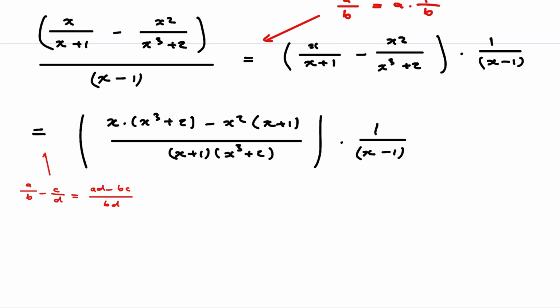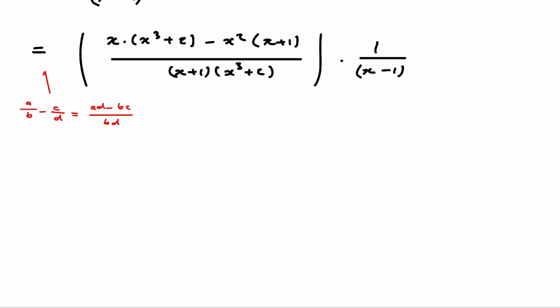So now at this stage, this can all be brought into basically one expression. Okay, so I'm multiplying. I just multiply tops and bottoms. It's nice and simple. So this is going to be x times x cubed plus 2 minus x squared times x plus 1. I'm not doing that yet.